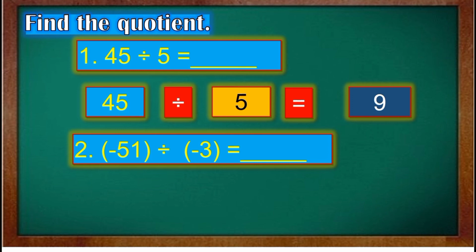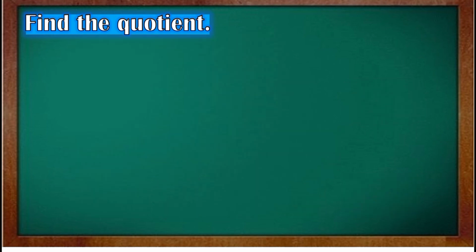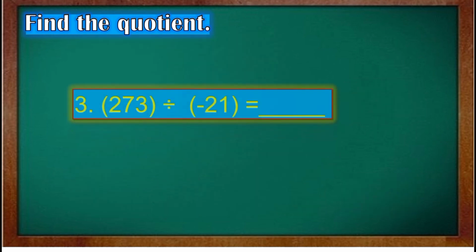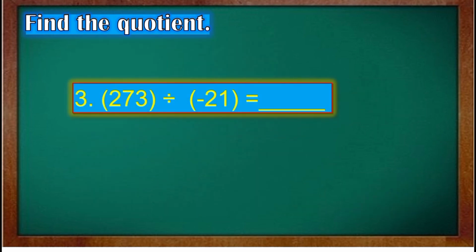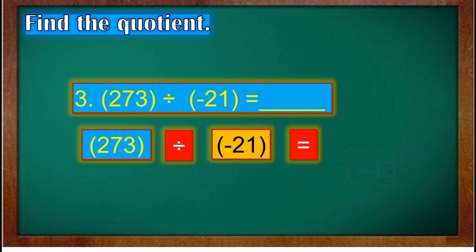The result is positive 17 because the signs are both negative, or the same. Last example, positive 273 divided by negative 21. The answer is negative 13. Why negative? Because the two integers have unlike signs, so the result is negative.